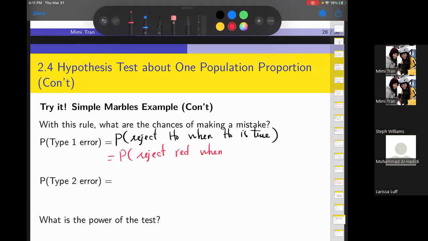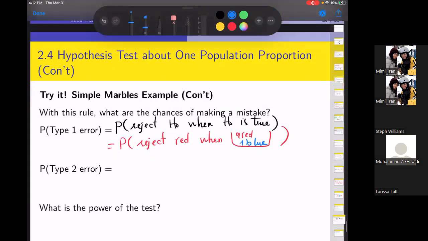I mean, in the basket you have 9 red and 1 blue. Oops, I meant blue. Reject H naught, so reject red when H naught is true. And what is H naught? H naught is the basket that has 9 red and 1 blue in it.